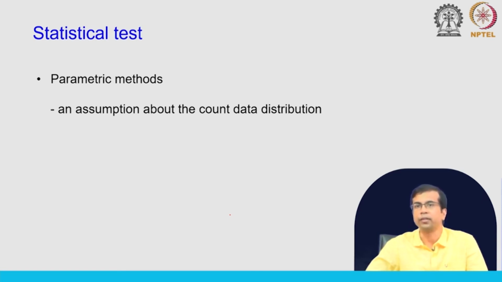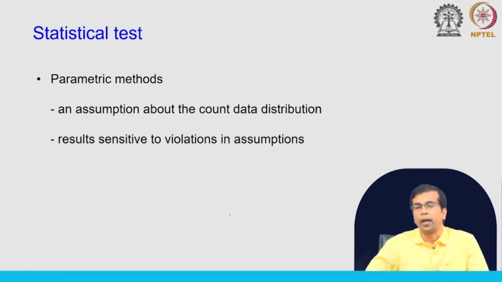This is normalized count data that we are working with, and the assumption is that the count data follows a certain distribution. Of course, if your count data distribution differs from this assumption, that might lead to a bit of error in the results.